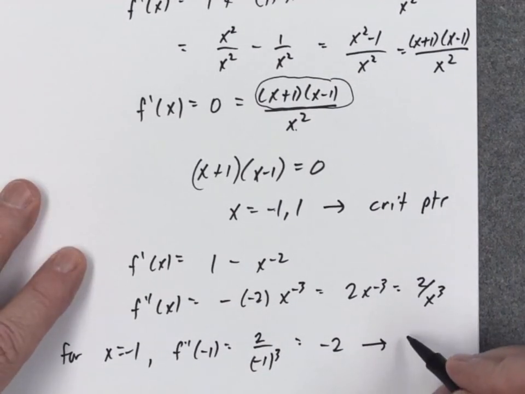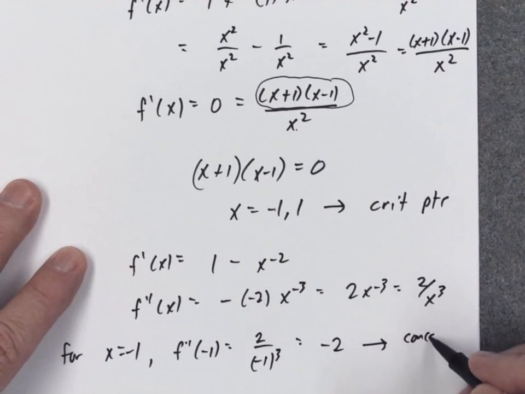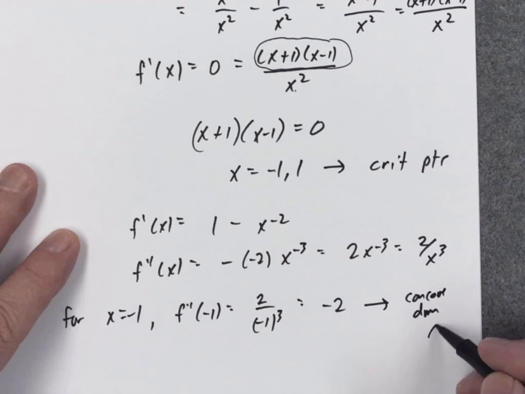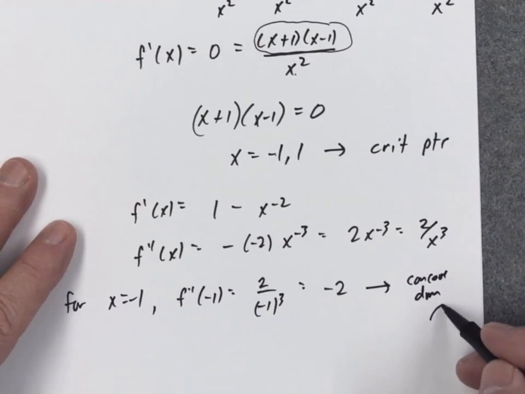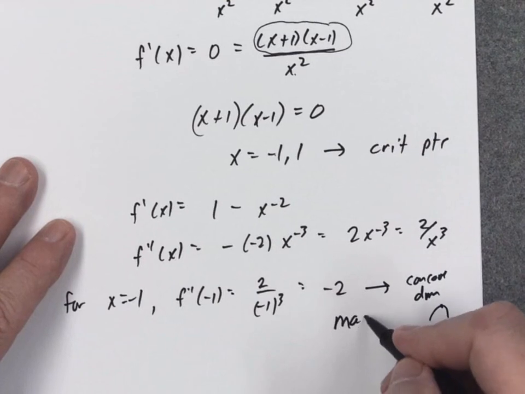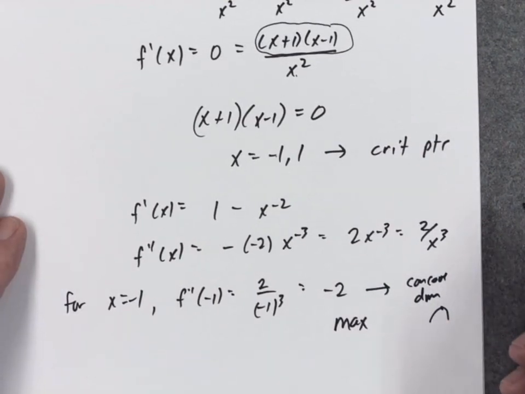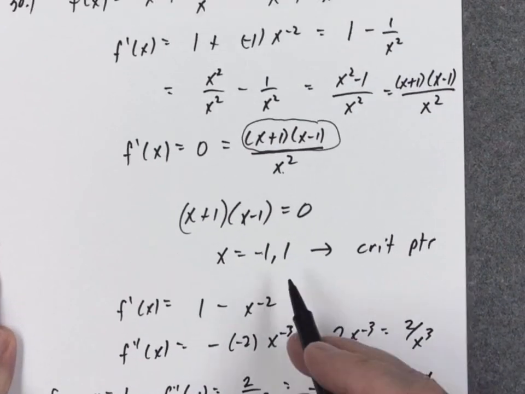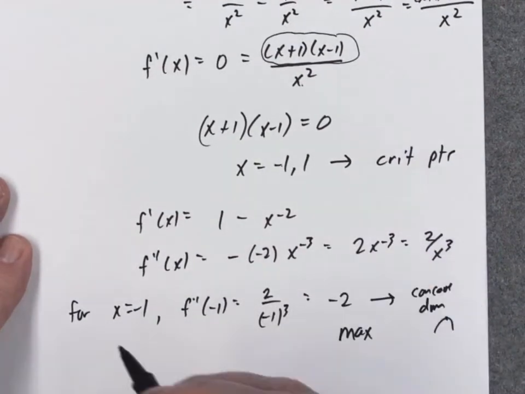It means concave down. What does concave down mean? That point is going to be a maximum. Has to be.